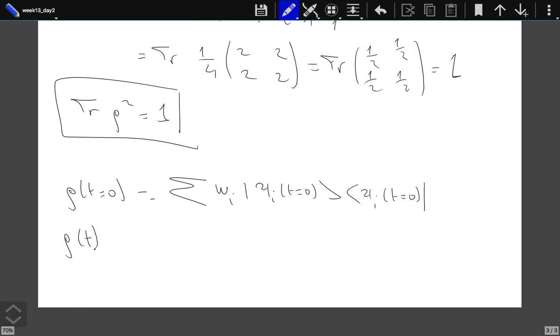So the density matrix at time t will be nothing but the sum of omega i, psi i of t, psi i of t.